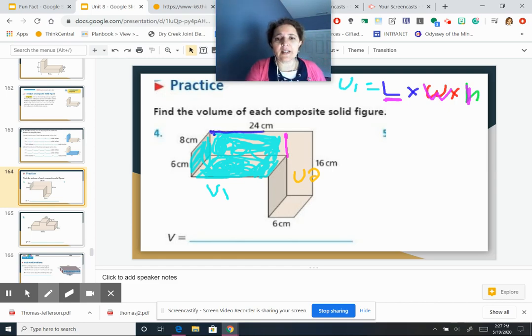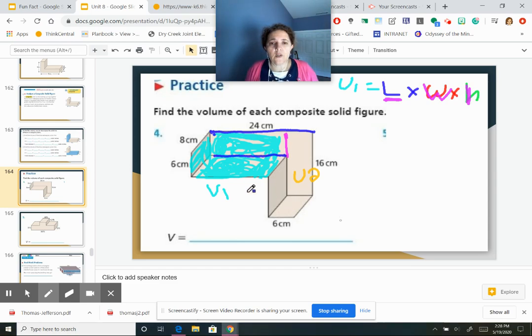If this is a length, then this line right here is also a length because it's opposite of that line. Remember, the opposite lines are parallel, which are also lengths. This line here is opposite of that line, so that's also a length. I'm going to shade that one in, not draw over it.